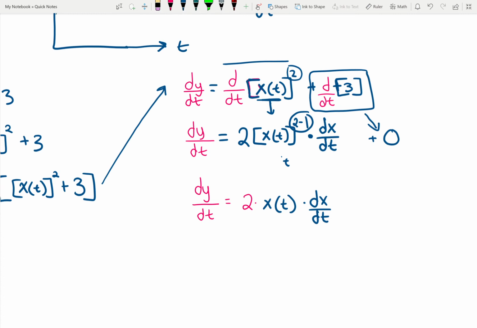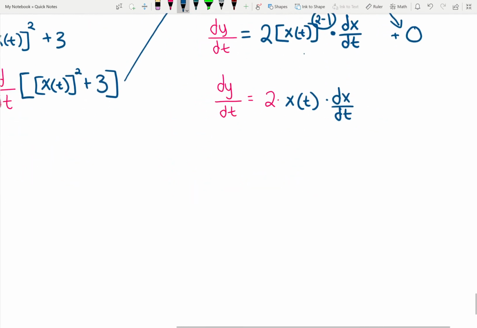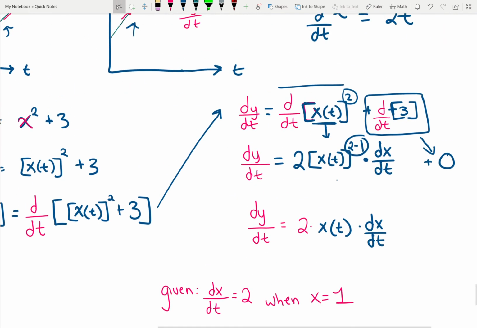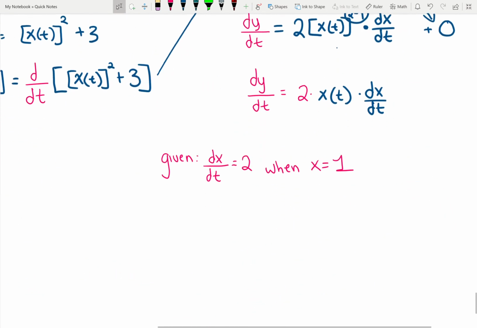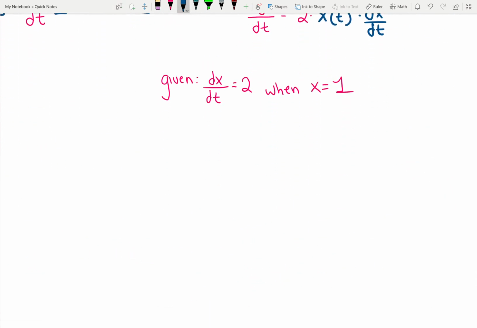Okay, so let's just reiterate what they gave us. In this question, they said, given dx/dt equals 2 when x equals 1. All right, so what does that mean for us?